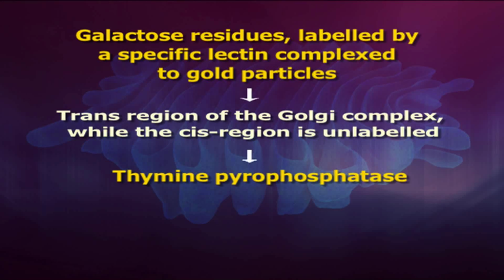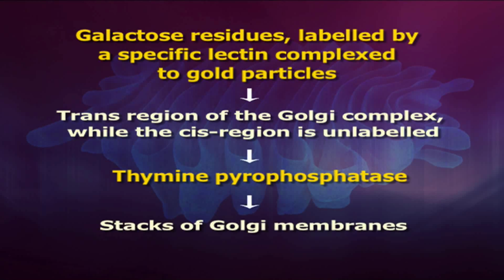In the same cells, thiamine pyrophosphatase is localized in similar stacks of Golgi membranes. The co-distribution of these two enzymes suggests the existence of functional compartmentalization in the Golgi complex and favors a model of glycosylation in which two enzymes act in concert.